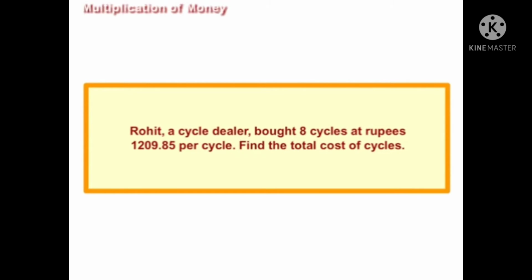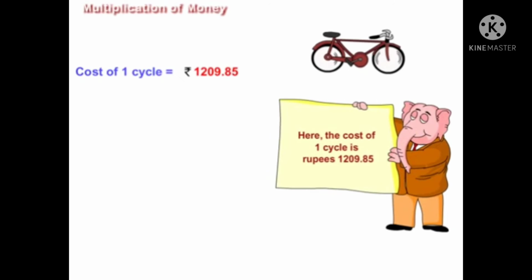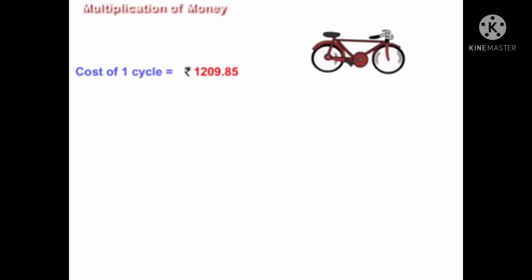Rohit, a cycle dealer, bought 8 cycles at rupees 1209.85 per cycle. Find the total cost of cycles. Here the cost of one cycle is rupees 1209.85.